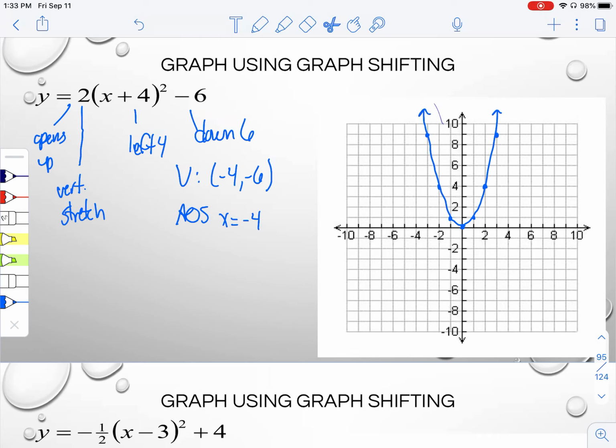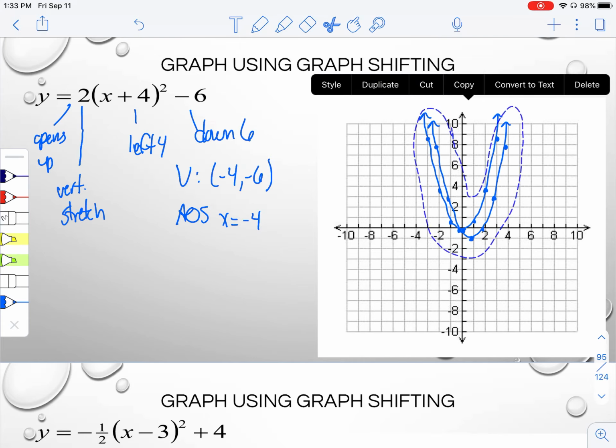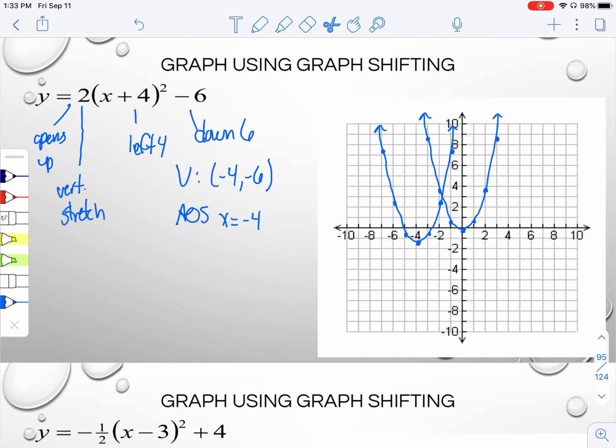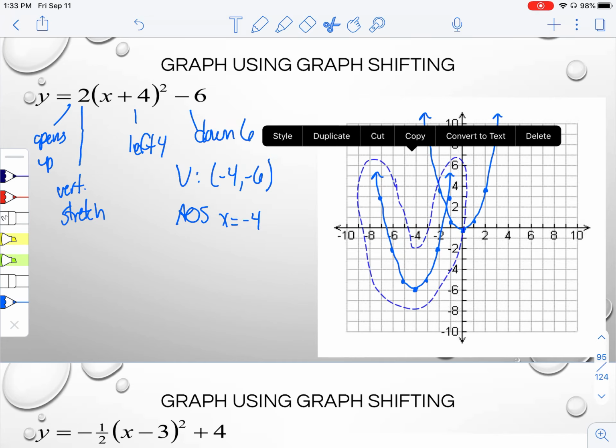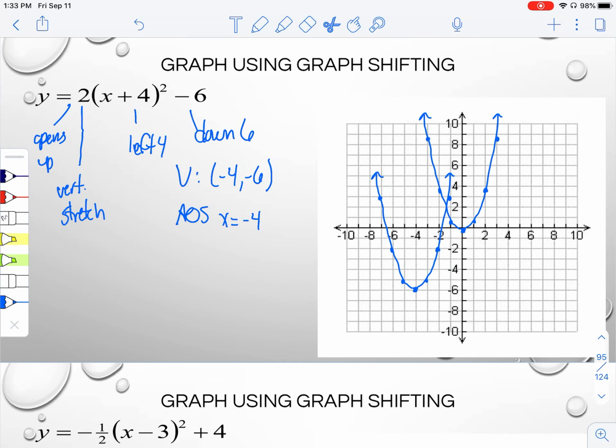If we duplicate this graph, this is going to slide left 4 and down 6. However, we need to vertically stretch this thing.